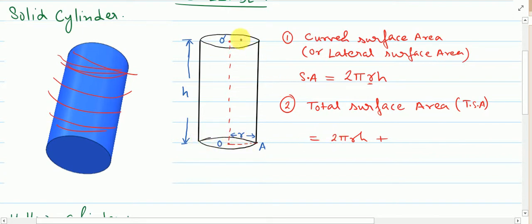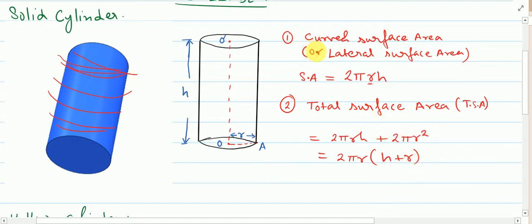You can see that your top and base are nothing but circles. So how many circles are there? 1 and 2, they are the same circle. So we'll have 2 pi r square, which can be written as 2 pi r, and in bracket h plus r. So you got the formula for curved surface area.